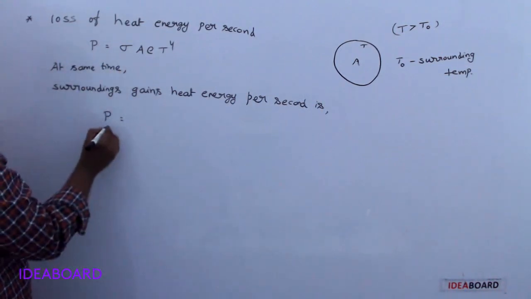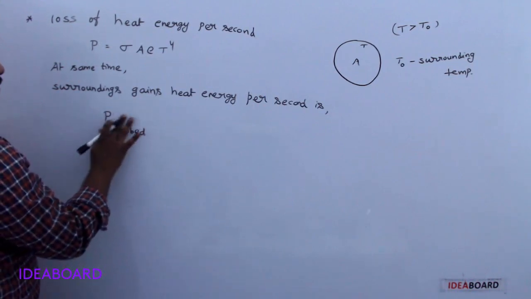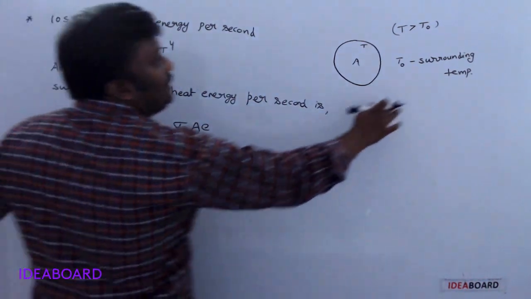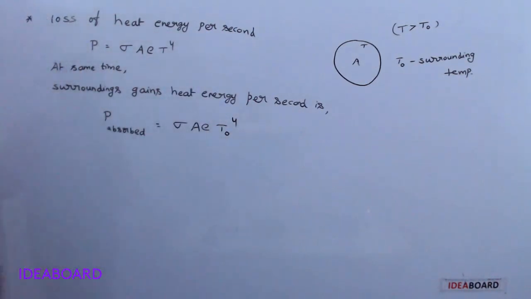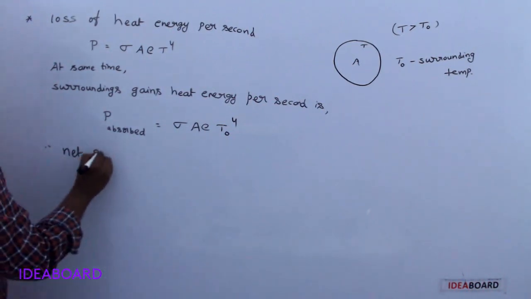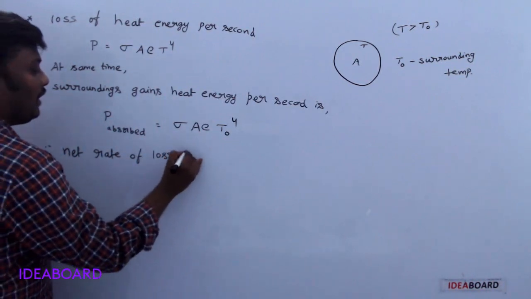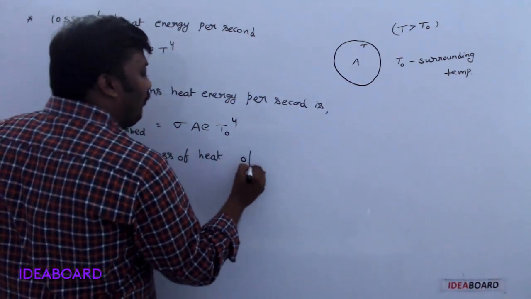This is emitted and this is absorbed. Understand? So what is the net amount of loss of heat energy? Net rate of loss of heat of the body.